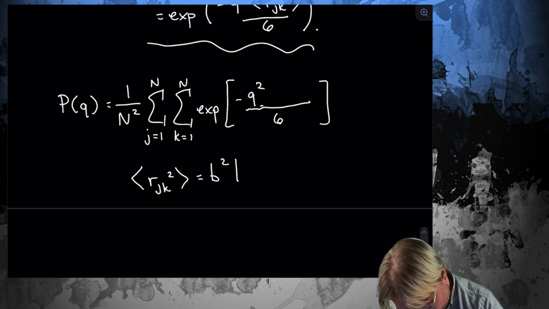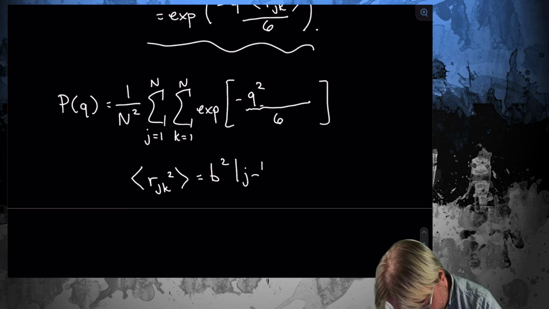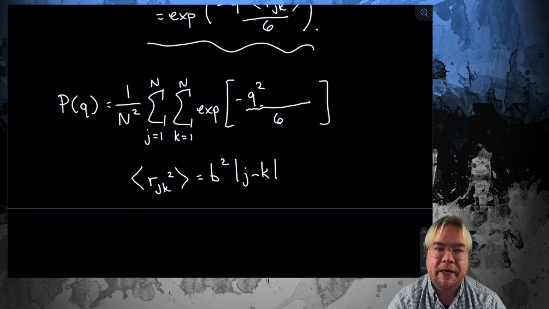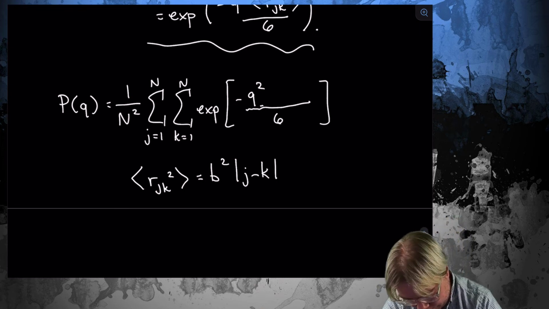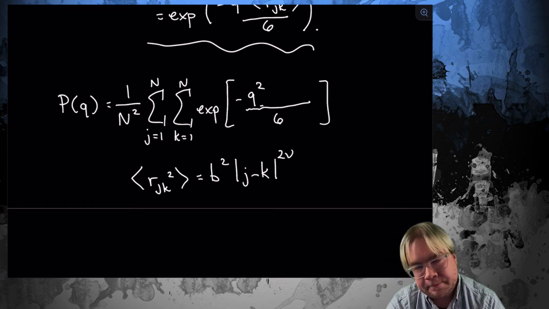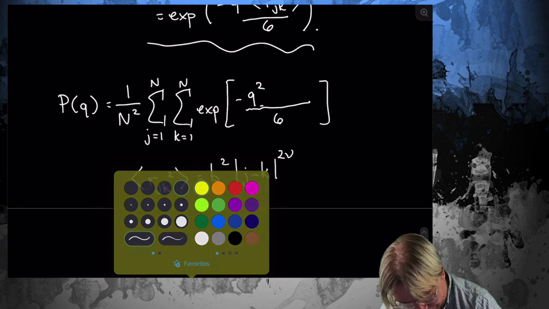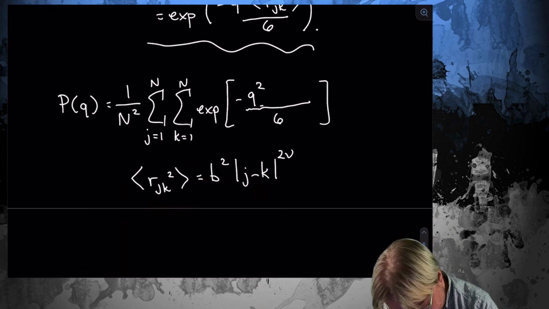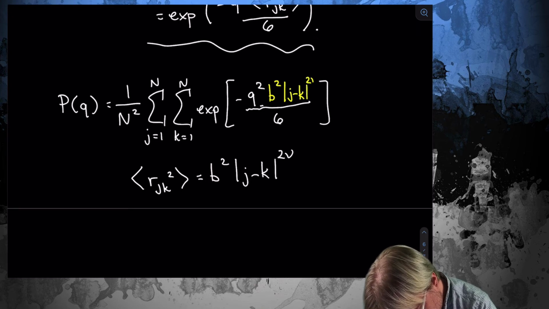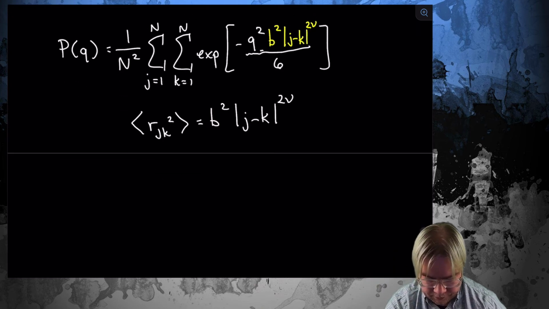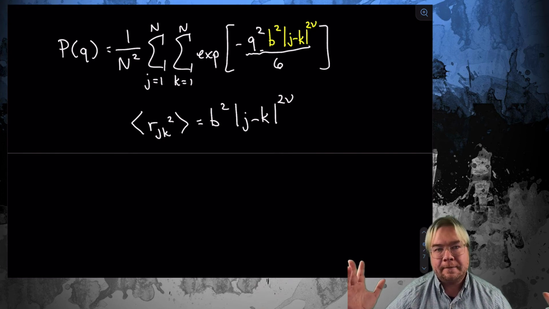So this is, in other words, |j minus k|, that's the number of monomers between j and k, to the 2 nu power. And we can substitute that directly in. So this becomes, I'll write it in a different color so that you can see it, times b squared |j minus k| to the 2 nu power. And there we have it.